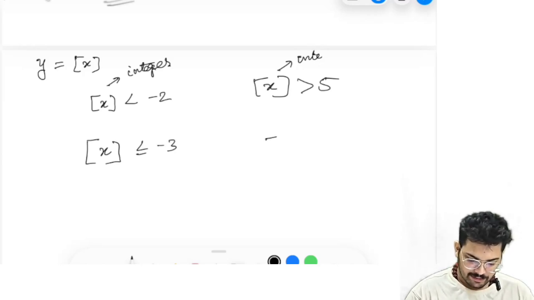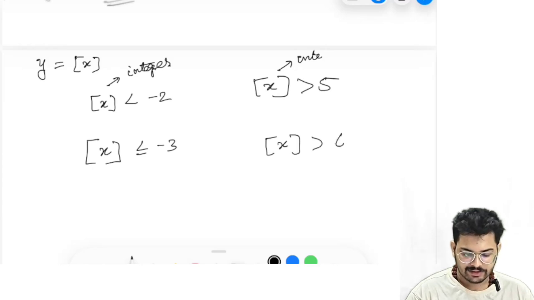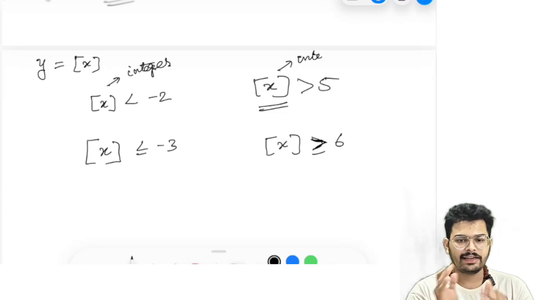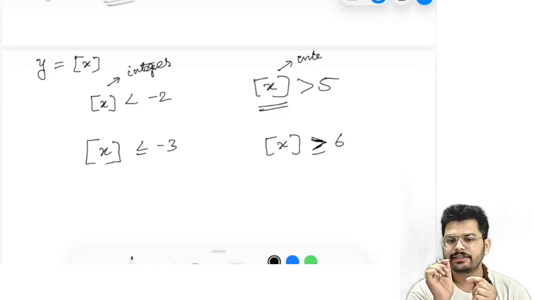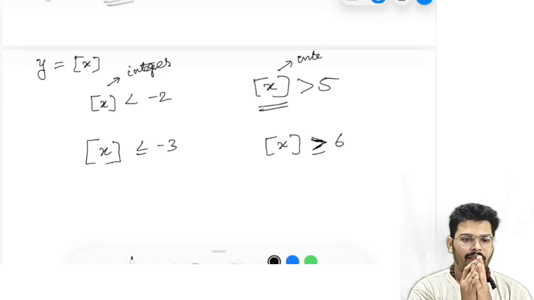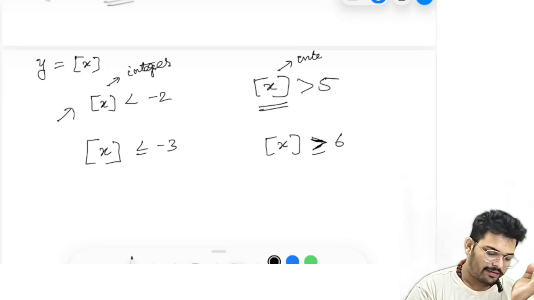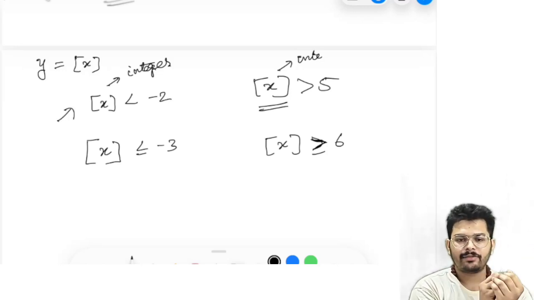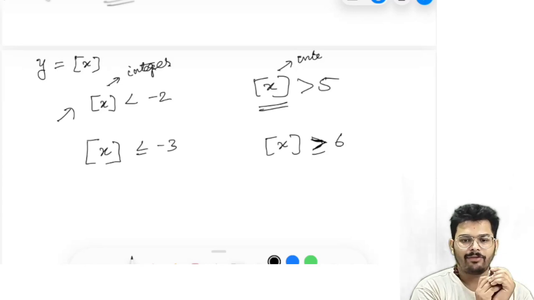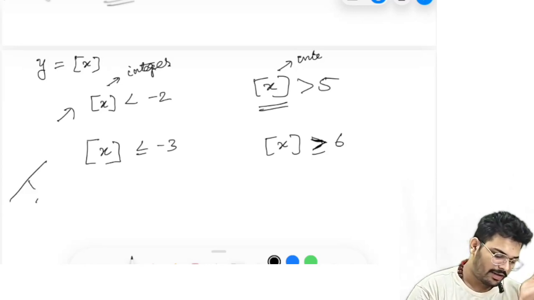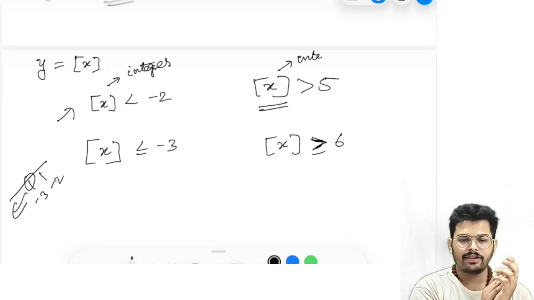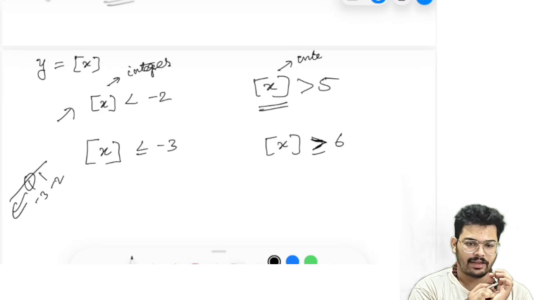Now this region can be modified as box x is greater than or equal to 6, which means box x is an integral value, and that integral value is greater than 5, so it should be at least 6, 7, 8, etc. And the integer that is less than minus 2 can have a maximum value of minus 3 or lesser. That's the logic. That's why we can add an equality sign over here.